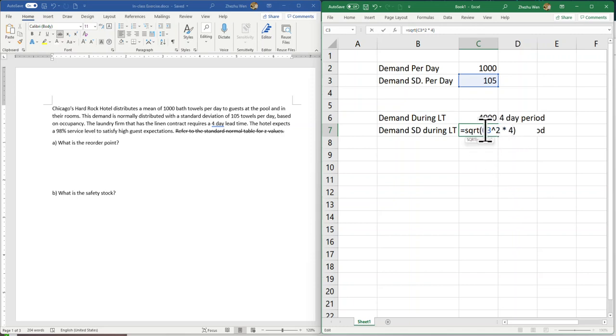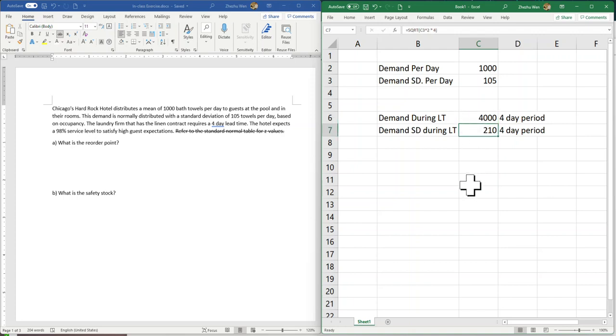You're provided with a standard deviation, you square it to turn it into variance, you multiply the daily variance by the number of days. That will give you the variance during the lead time, and you square root it. That becomes the standard deviation during that lead time. You may need to take some time to process it. When you put together variance, you can add it up like you add up your average demand, but you cannot do that with a standard deviation.